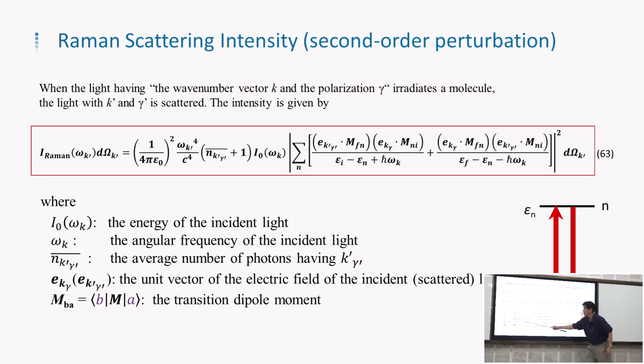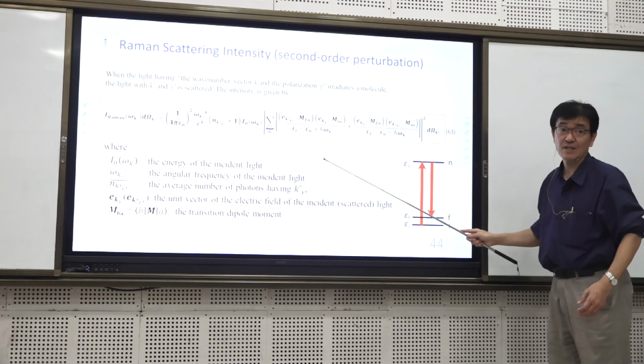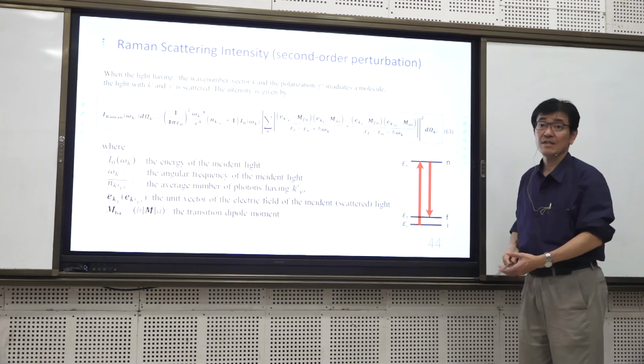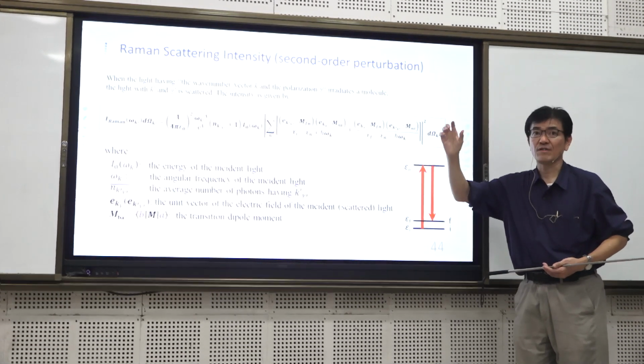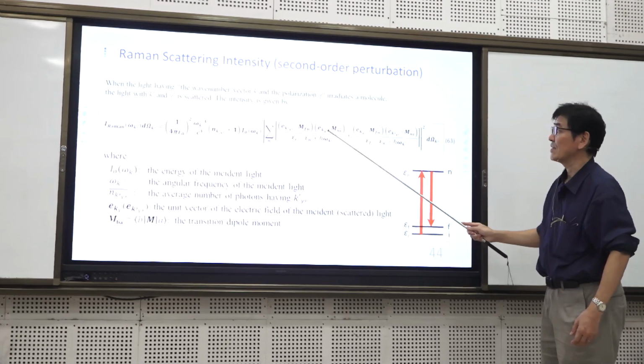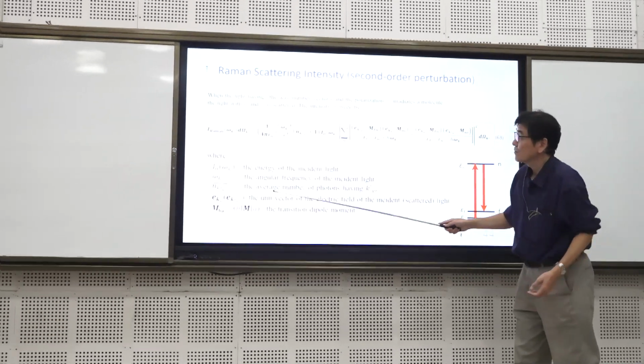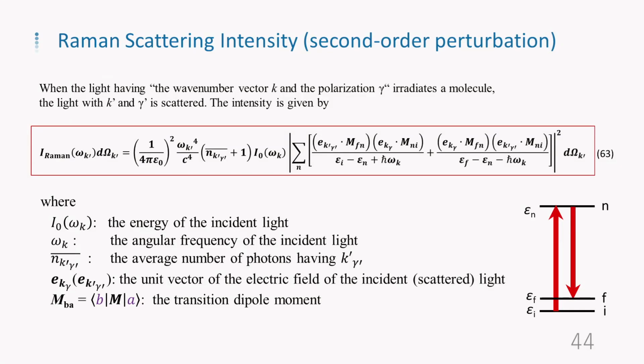Please note that k' gamma' is different from k gamma. k' gamma' indicates the wave number vector and polarization of the scattered light. k gamma is that of the incident beam. This is scattered light. So n bar indicates the average number of photons having k' gamma'. This is the number of photons of the scattered light.